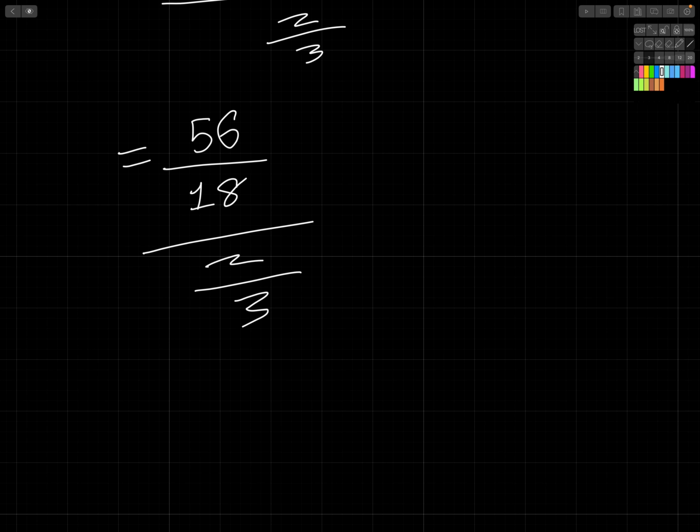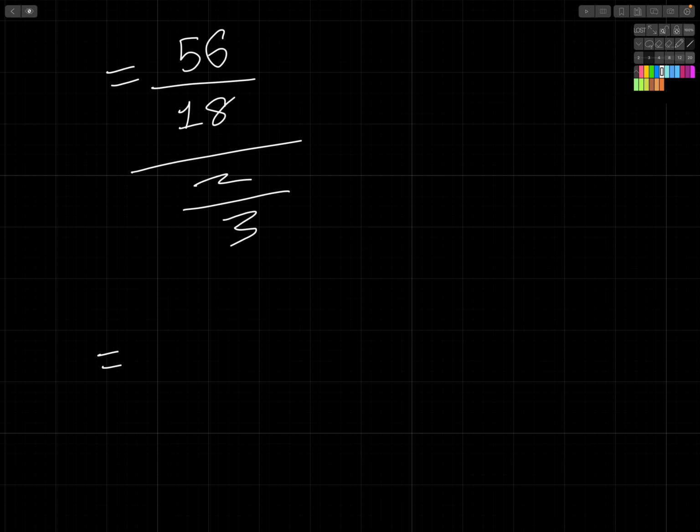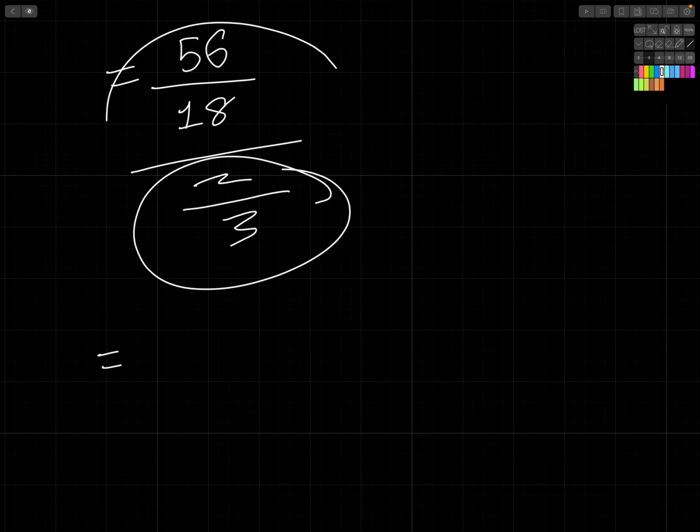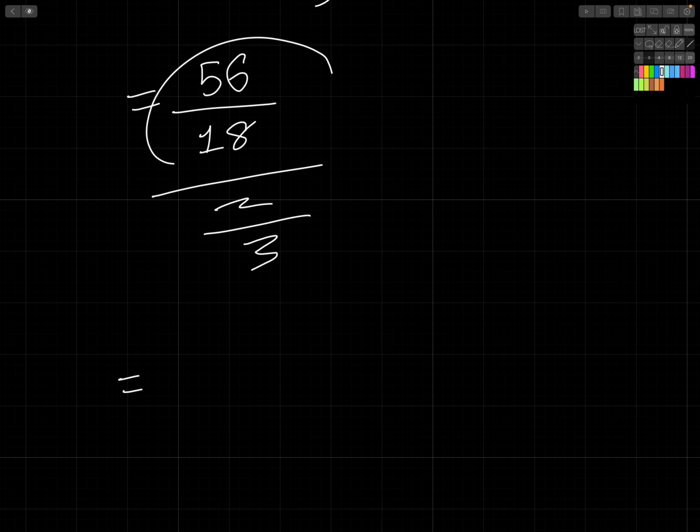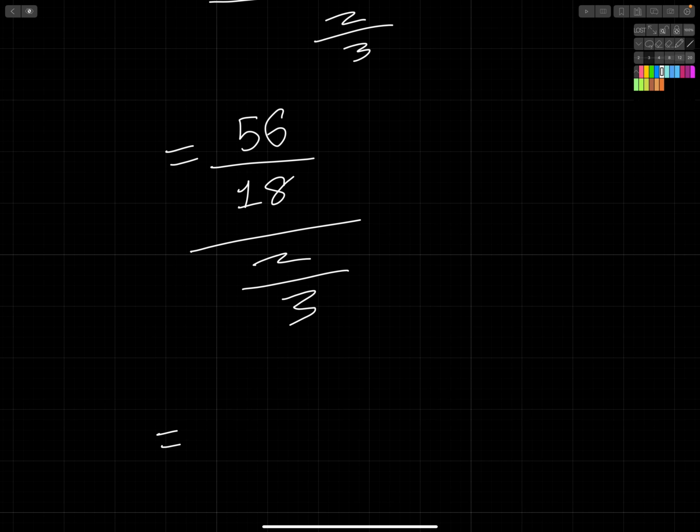Now, we can simplify 56 over 18 further, right? Because these two, remember, are separate. They're separated by this line. So we have to first solve the top and then solve the bottom and then divide them together. So the greatest common factor is 2. So divide this by 2, divide this by 2.